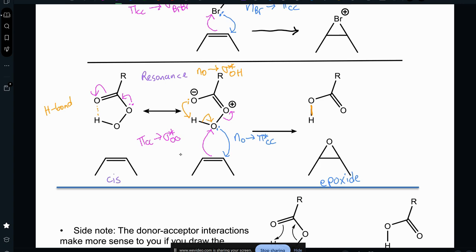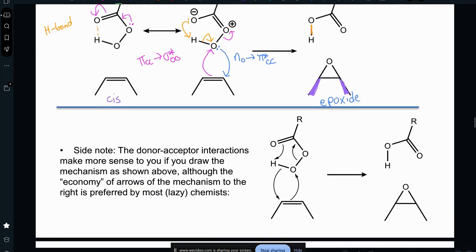What that means is in the product, my 2 methyl groups here should be both pointed in the same direction. So that stereochemistry gets preserved. This is a syn addition. We're only adding 1 atom, so essentially it has to be a syn addition. So if my 2 groups are on the same side of the double bond, they'll be on the same side in the epoxide as well.